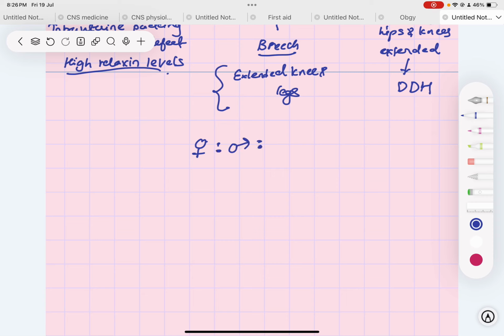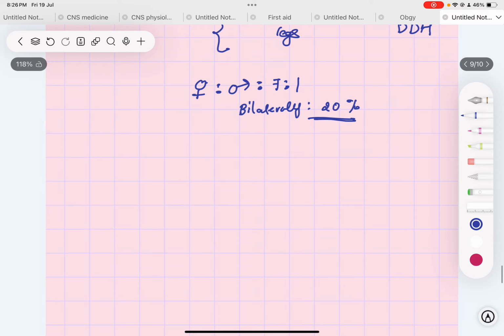Now statistics say that it is more common in females. The female to male ratio is 7:1, and bilaterality is 20%.